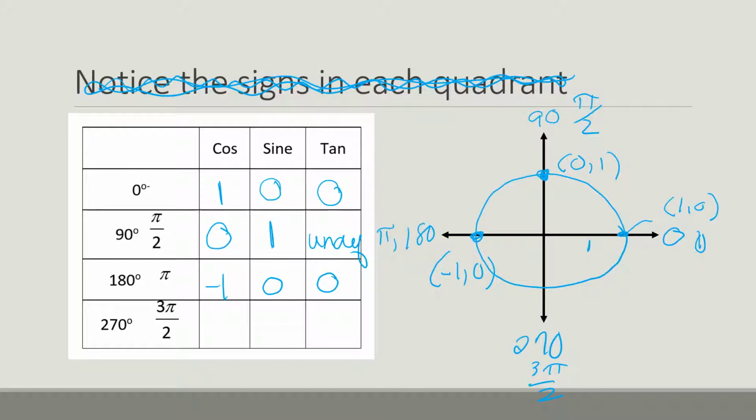And so there are my values. Okay. And then down here, it's 0, negative 1. So cosine is 0, sine is negative 1, and tangent is undefined. All right.